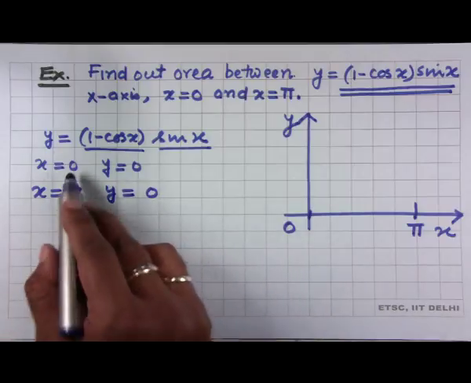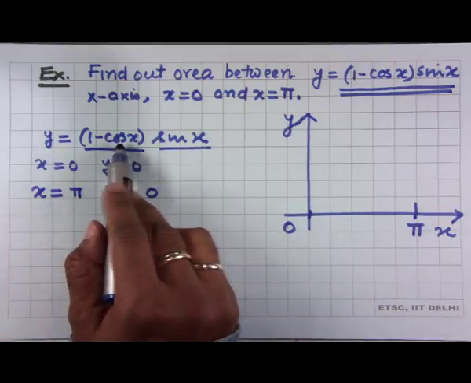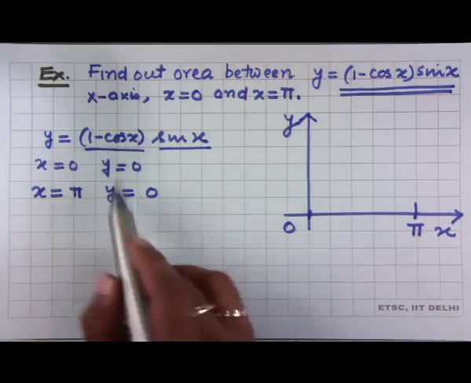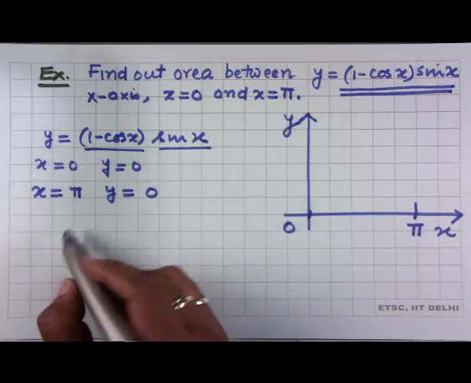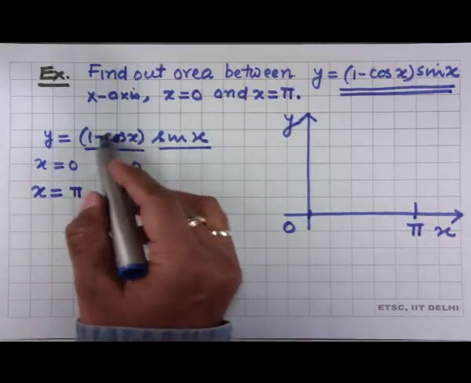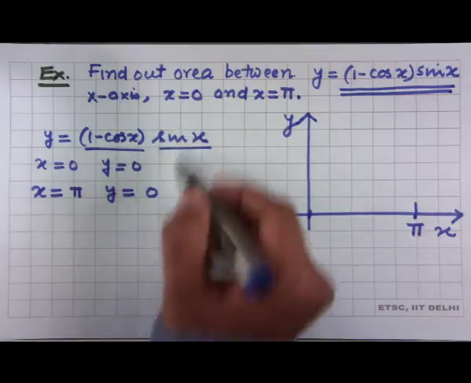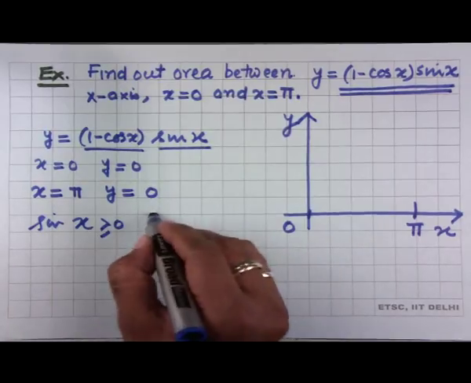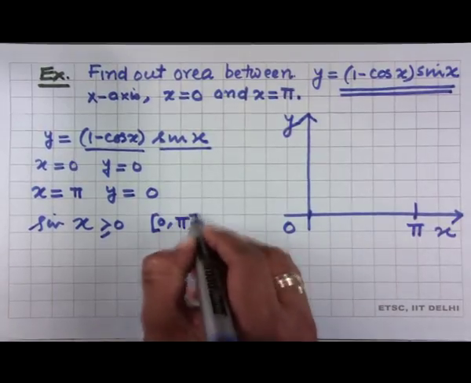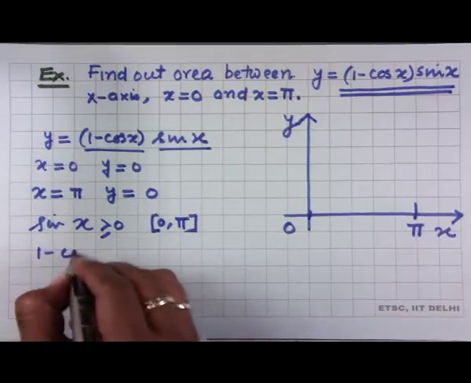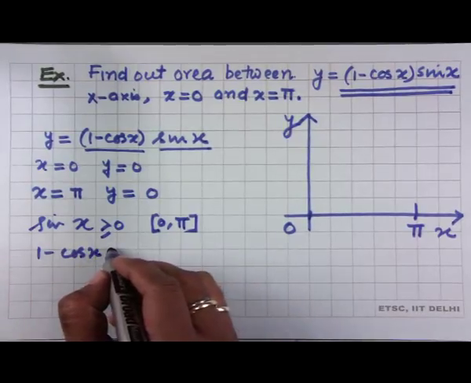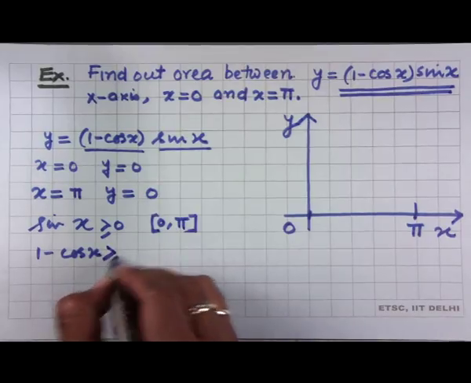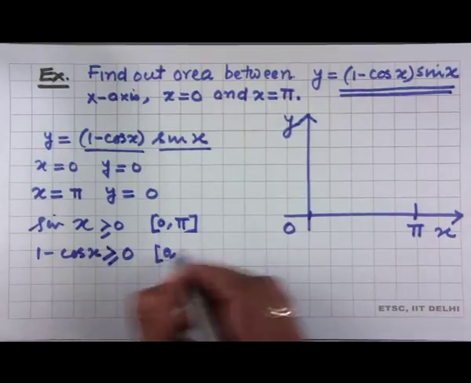Now between 0 and pi, is there any chance of the function vanishing again, or any chance that y takes a negative value? Since cos x lies between minus 1 and 1, 1 minus cos x is always positive, and sin x is always positive or 0 between 0 and pi.